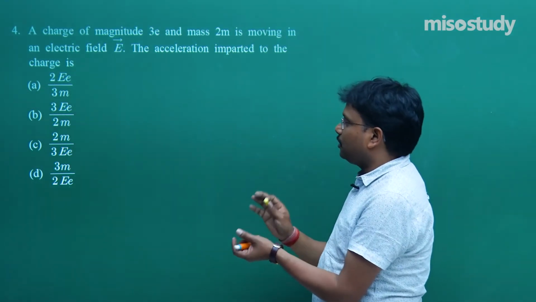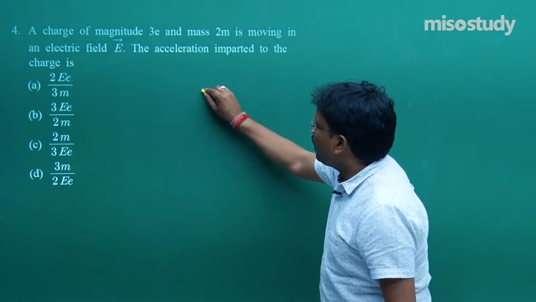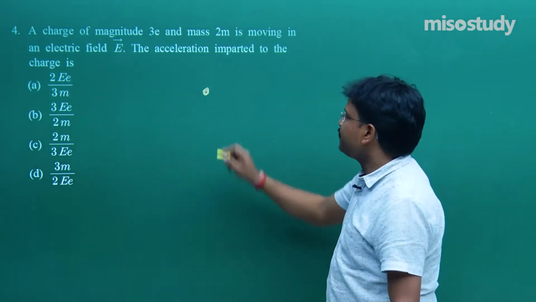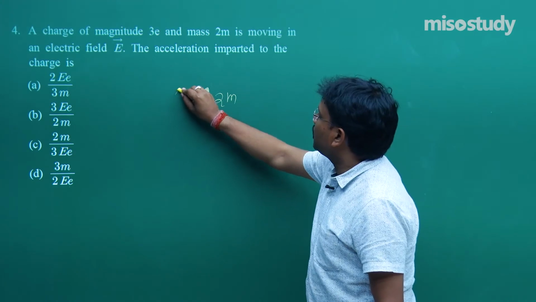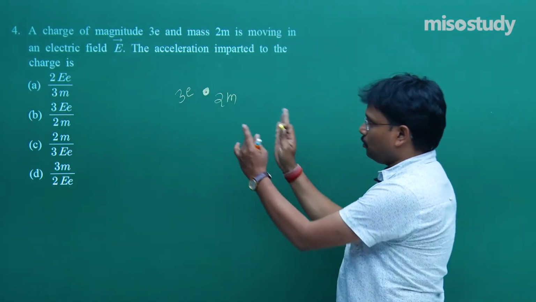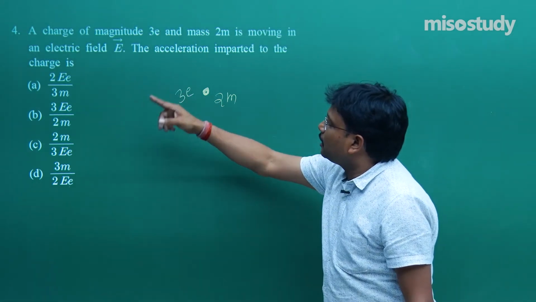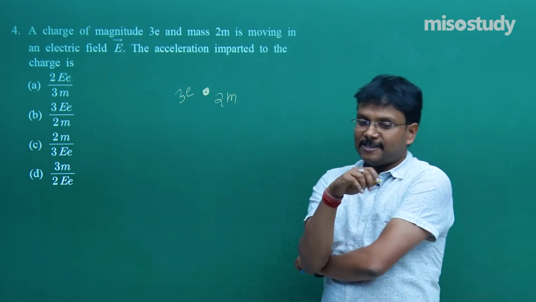So the very first thing in your examination hall, on the rough sheet, simply do one thing. With the help of a pen, draw this simple point. Let's say mass is 2m, and then let's say charge is 3e. Okay, now visualization starts. It is moving in an electric field E. Fine. Now imagine the situation.